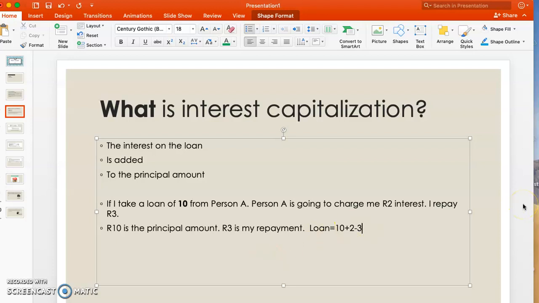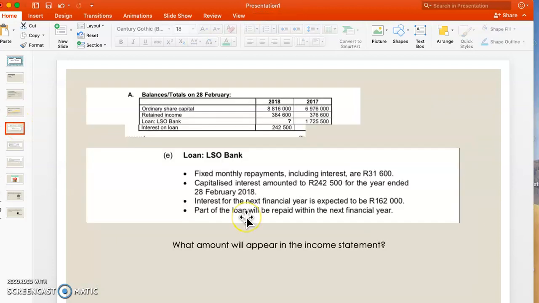So very easy. I'm going to look at 3 examples very quickly. In this example, it says that there are fixed monthly repayments, including interest, which is 31,600 Rand.